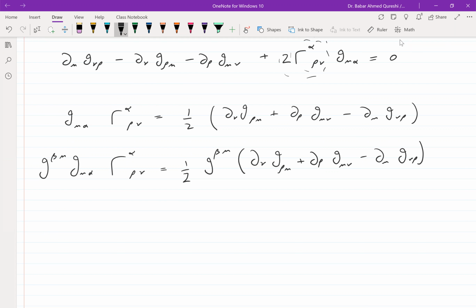So this alpha is replaced by beta. And these, I'm just copying.